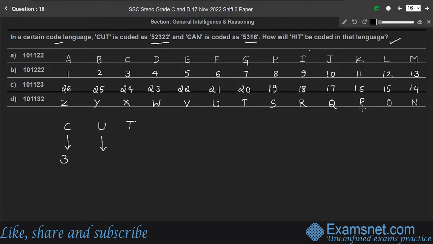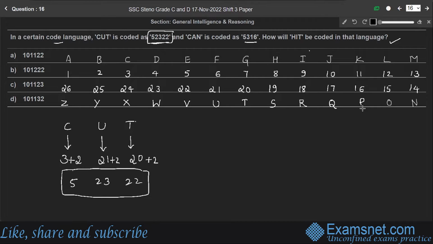And U's positional value is 21, and T's positional value is 20. Right? So to get the code for cut, just add 2 to each positional value, right? So 3 plus 2 becomes 5, 21 plus 2 becomes 23, and 20 plus 2 becomes 22. Therefore, the code for cut is 52322, right?